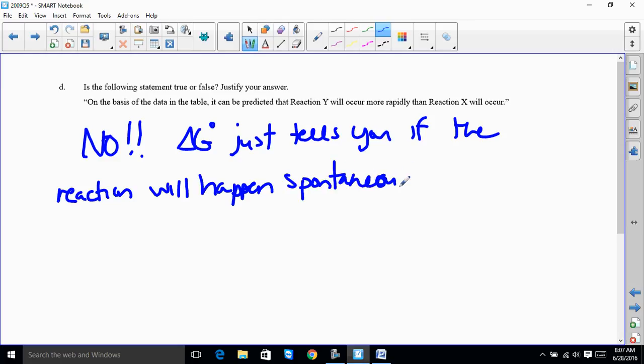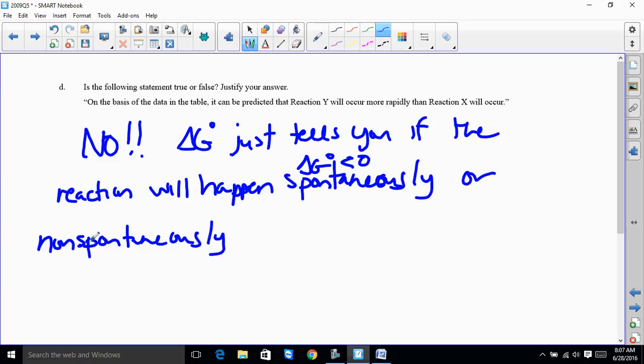New terminology: thermodynamically favored. I like spontaneously because it means it happens by itself. Remember, for spontaneous reactions, delta G is less than 0, or negative. Or non-spontaneously, which means delta G naught is greater than 0. Delta G naught just tells you if the reaction will happen spontaneously or non-spontaneously.